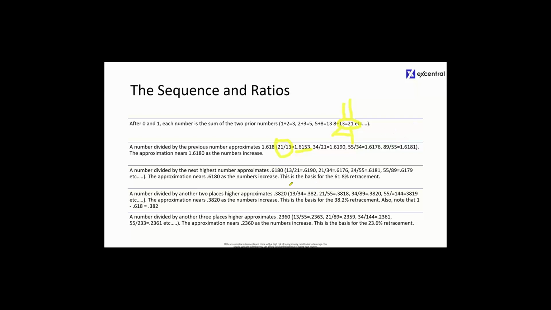Now, if we were to go back one step, and instead of dividing the 21 by the 13, do it just the opposite, take this number here and divide it by the next number in the sequence. So in this case, we're going to use the 13 and 21. It's always going to give us approximately 0.618. If we were to go up one step farther and divide the next step, which would be the 21 and 34, it would give us 0.6176 or 0.618.